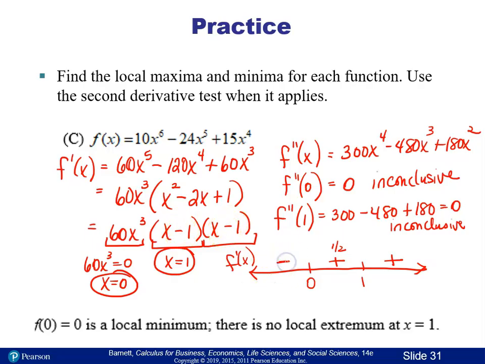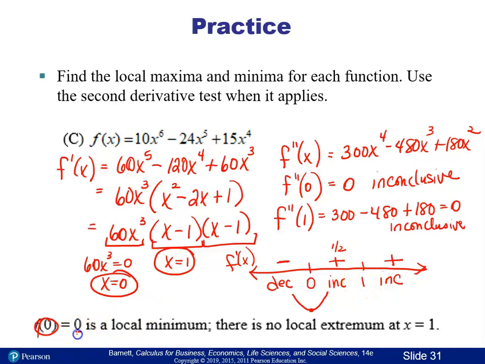So I'm going to have a negative here. So I'm going to have a decreasing function and then increasing and increasing again. So if I decrease, then increase, that means that I have a local minimum at 0. And then at 1, I didn't have a sign change, so I don't have a local extreme at x equals 1.